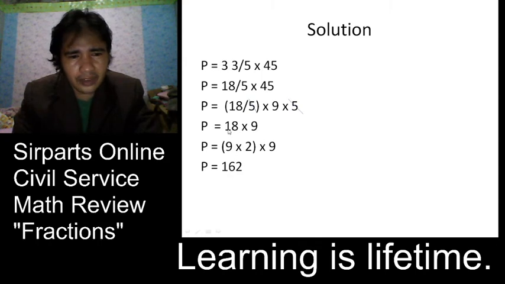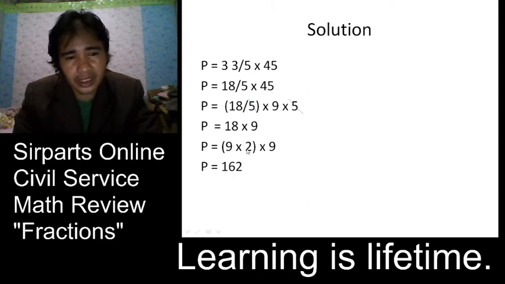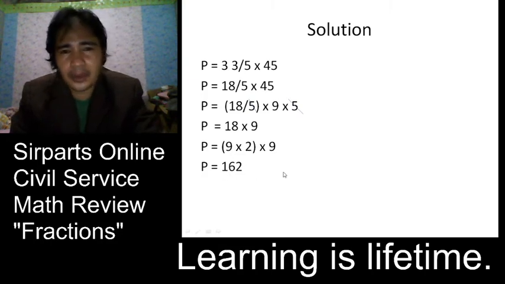Then you try to factor this so that it's very easy to compute. 18 is 9 times 2, so 9 times 9 is 81, times 2. 80 times 2 is 160, plus 2, 162. So that's how we have the shortcut in computation.